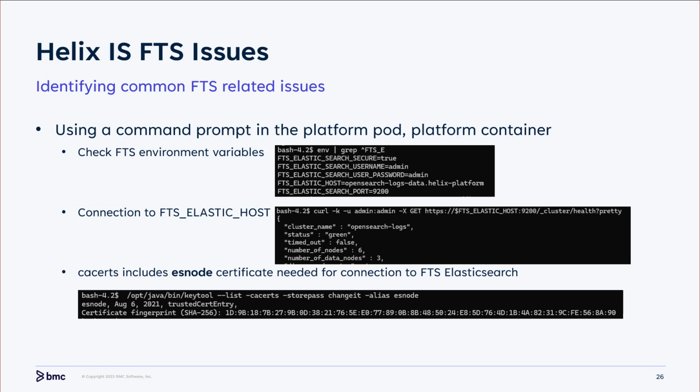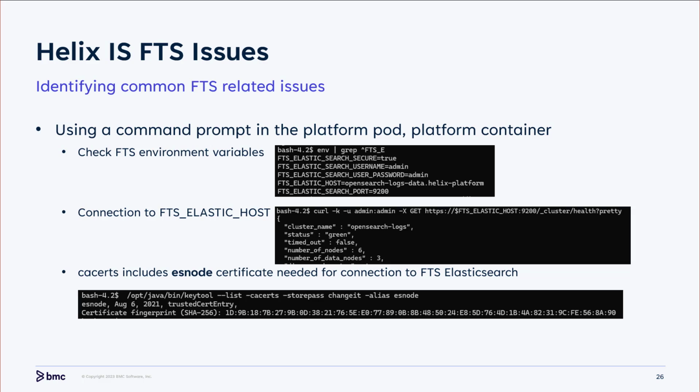There are a couple of specific issues that you may see that are related to the Helix IS platform pods and FTS. So as I mentioned earlier, the Elasticsearch service that is used for FTS that runs in the Helix platform namespace is unusual in the sense that it uses SSL internally.